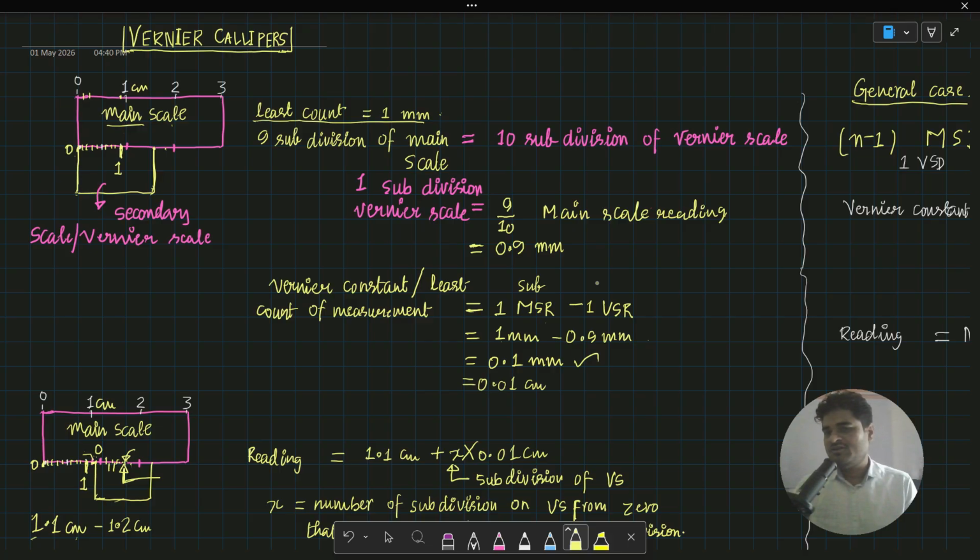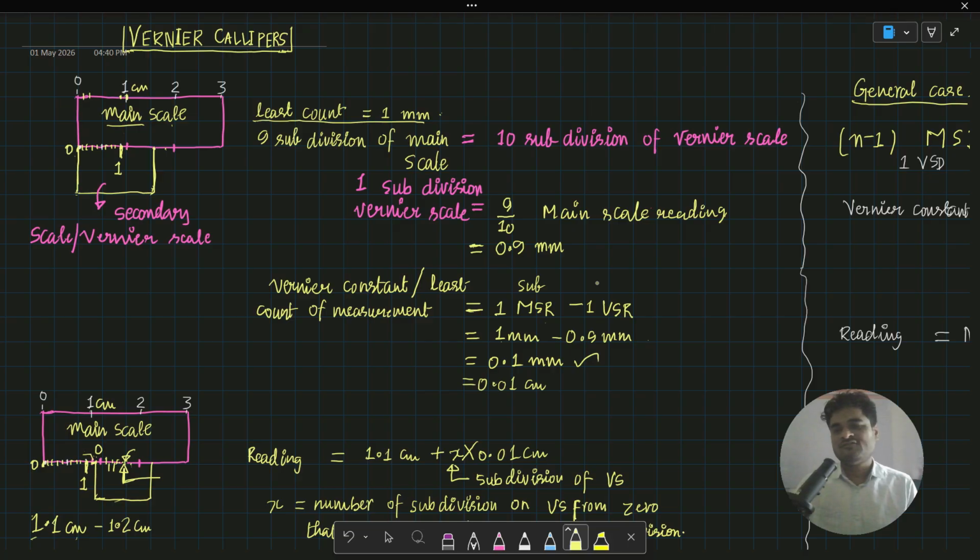So from here you can see that this is 1 and this is less. One mark on the secondary scale is a different point, and the number of subdivisions is 10. There are 10 subdivisions for each 9 subdivisions of the main scale.